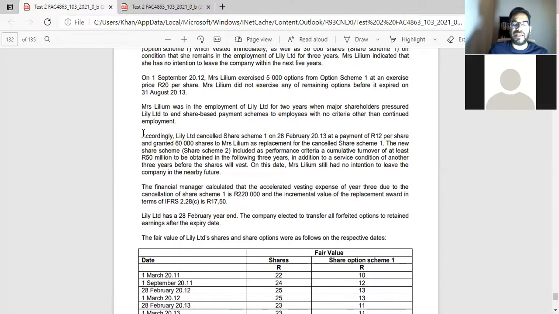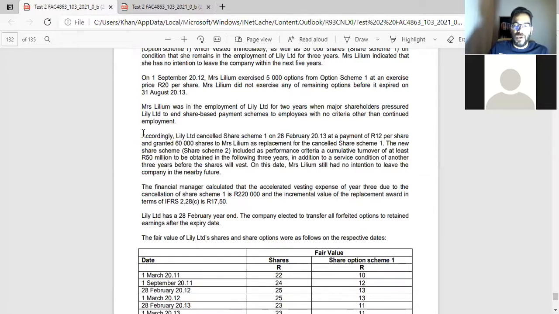So remember, you're going to recognize one third at 28 February 2012. Then the second third will be recognized by 28 February 2013. Then the third will be recognized by 28 February 2014. But because 28 February 2014 will no longer take place, since the share scheme is cancelled, we have to accelerate that expense.